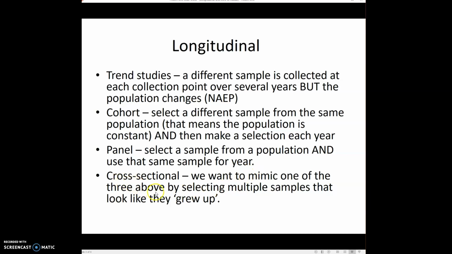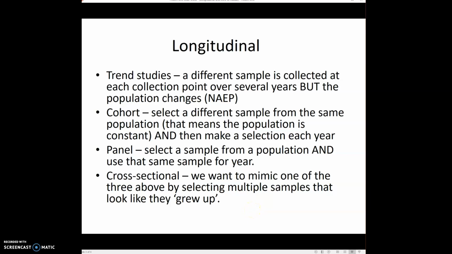The last type is called a cross-sectional study, and this is where we want to mimic one or more of these. And we do that by selecting multiple samples that look like they grew up. So if we want to know something about the NAEP scores, then we will pick out the third grade, the fourth grade, the fifth grade, the sixth grade, the seventh grade.